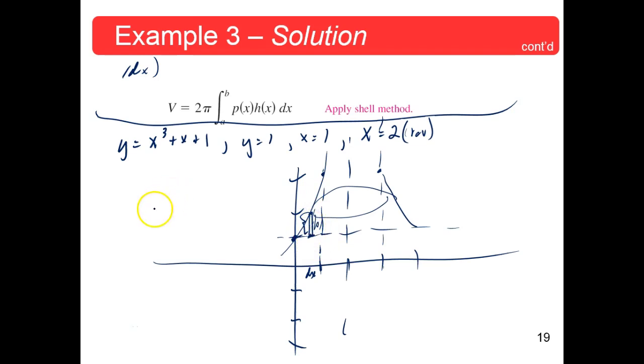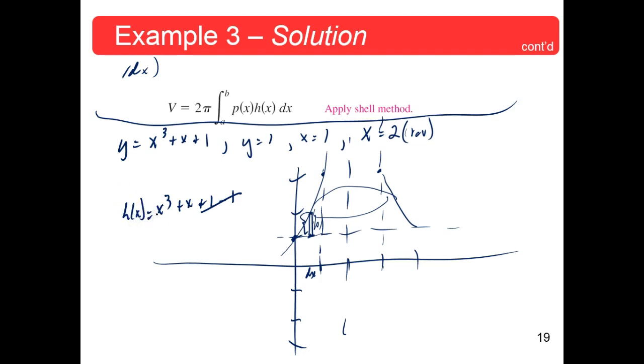Yeah, okay. It's x cubed plus x plus 1 minus 1. So it's x cubed plus x. You see that? The height of this is the top minus the bottom. And since you're going from y equals 1, you're stuck there. So it's this minus that, this minus that. Okay, that's your height. No, that's your h of x.